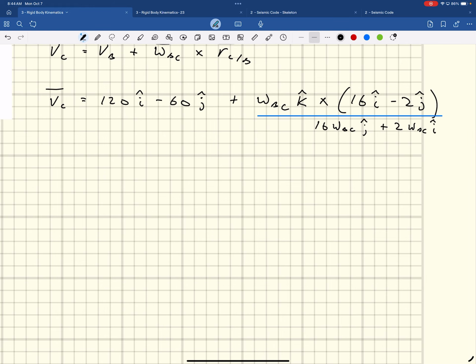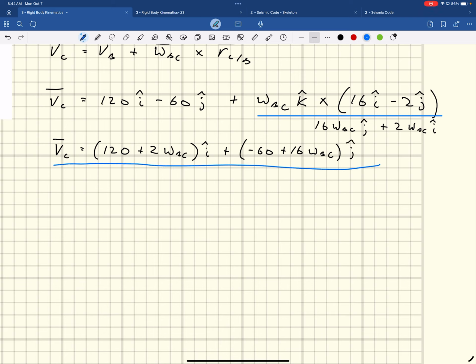And then you lump your I's and your J's. VC will be equal to 120 plus 2 omega BC in the I plus negative 60 plus 16 omega BC in the J.